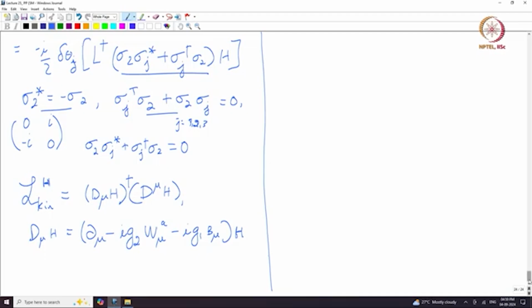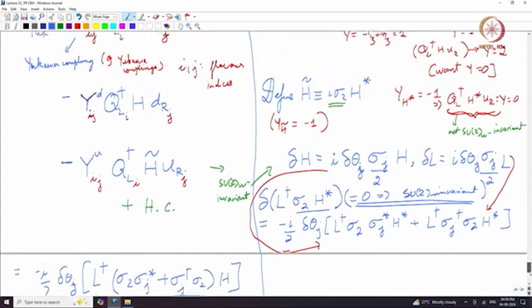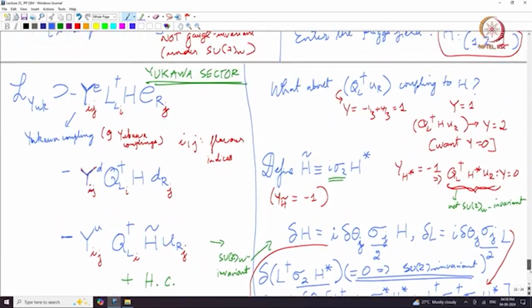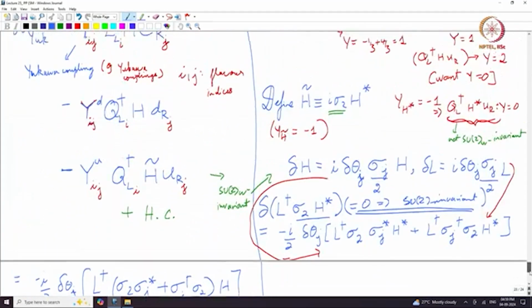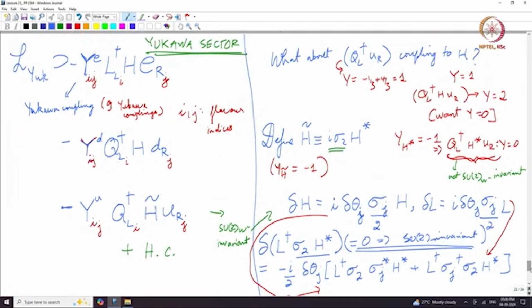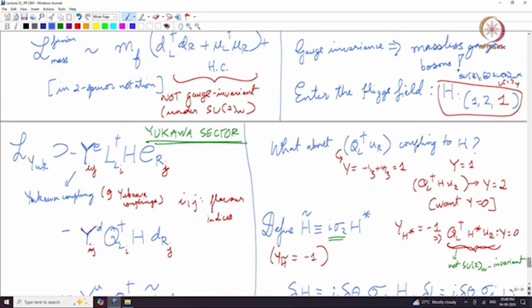So, we are going to end this lecture by making an observation that we are going to explore as we go along to the next one. What is that observation? See, if you look at this Lagrangian, can't you see that I have actually succeeded in marrying, in some sense, a left-handed spinor and a right-handed spinor, right?